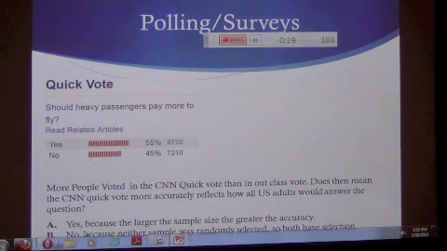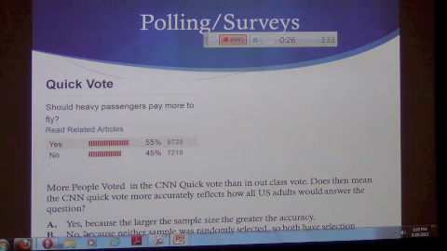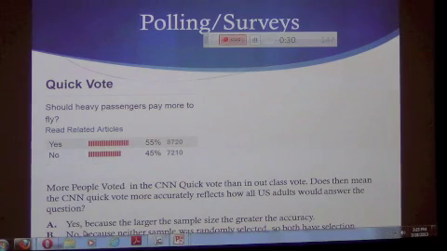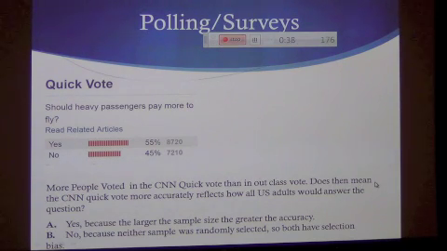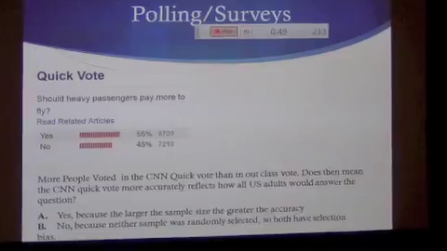A, yes, because the larger the sample, the greater the accuracy. Or B, no, because neither sample was randomly selected. So both have selection bias.